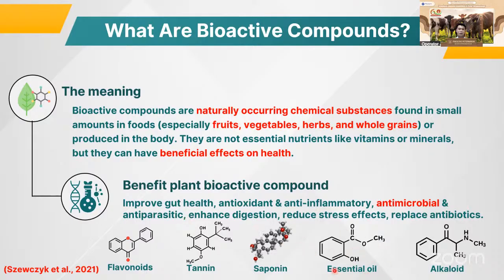These bioactive compounds can have effects on gut health, and are antimicrobial and anti-parasitic. So we expect that when added to the silage, the compound may break down or kill some undesired microbes that we don't need, and it will allow lactic acid bacteria to generate more lactic acid and enhance the quality.